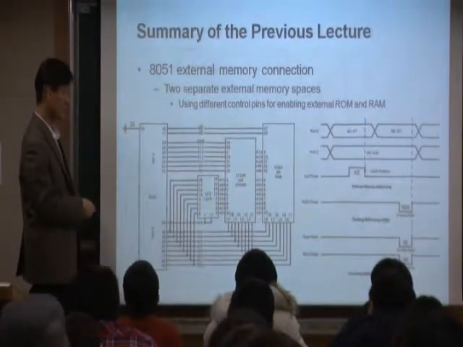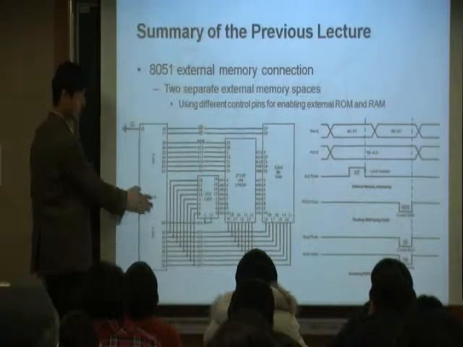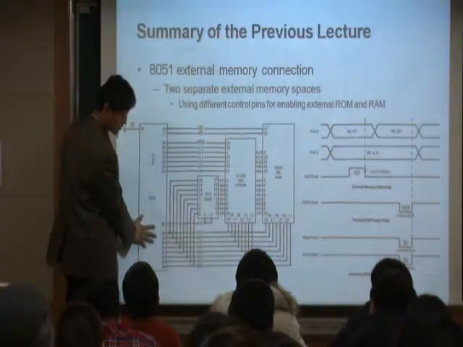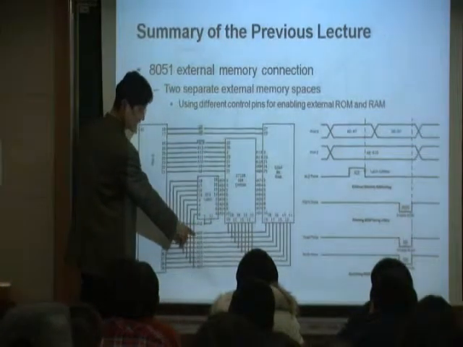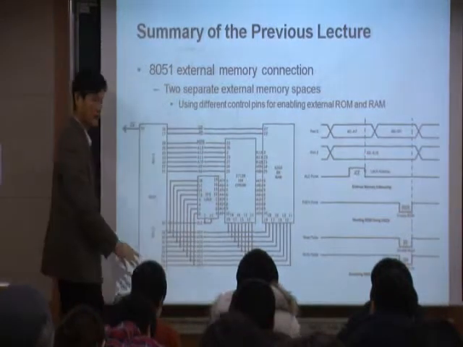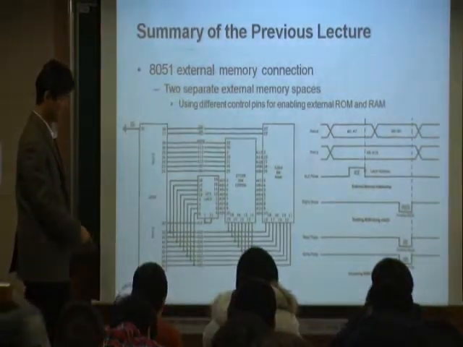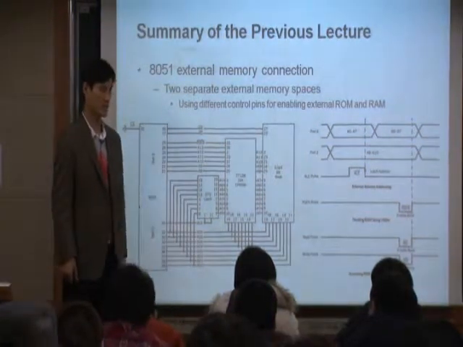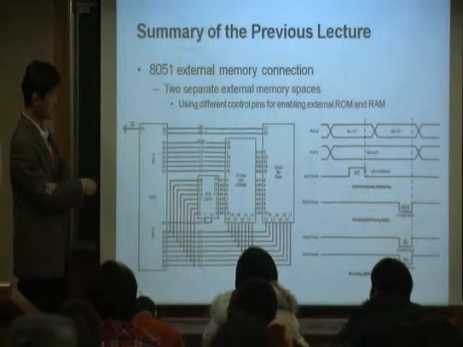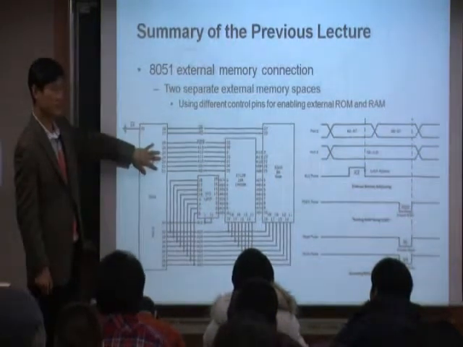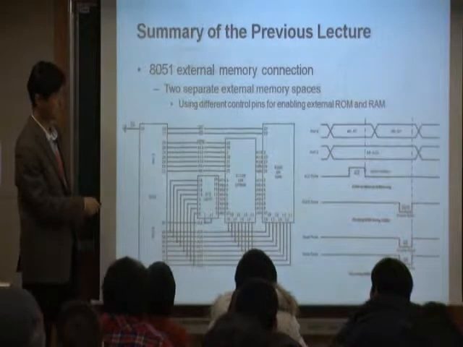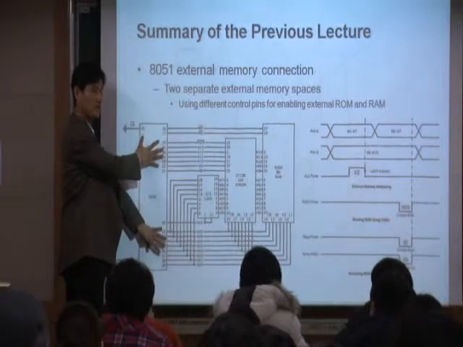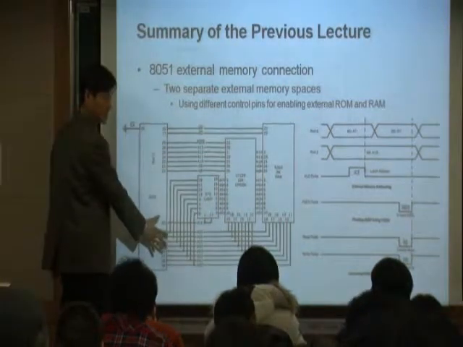In this example, we use 2 ports, port 0 and port 2. Port 0 is used as AD, where A means address and D means data. So the 8 pins of port 0 are used for both address and data, whereas the 8 pins of port 2 are used only for address. So for address we use 16 pins, and for data we use 8 pins.